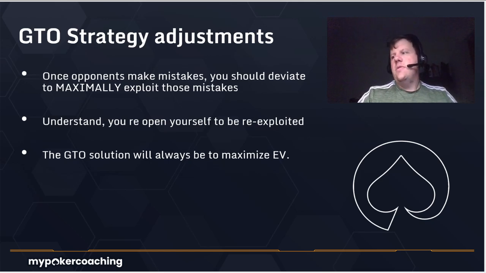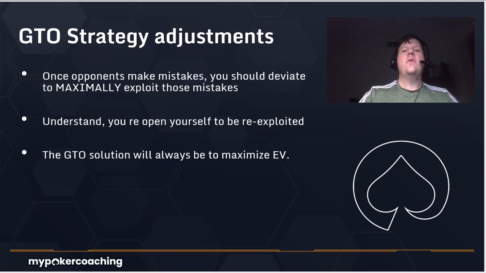In our last videos, we talked about expected value, and that's how you make money in poker, by maximizing your EV. However, you need to understand that maybe your opponent will pick up that you fold every time, and now their adjustment should be, oh, they're folding every time, I'm going to start bluffing every single time, and bluff 100%.